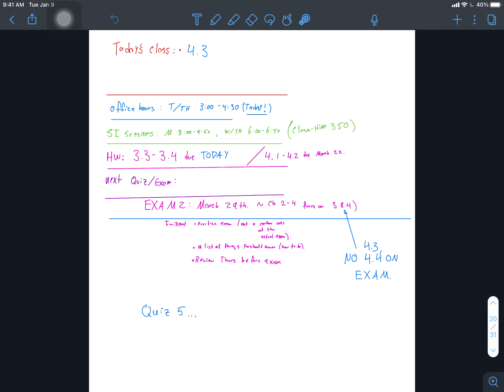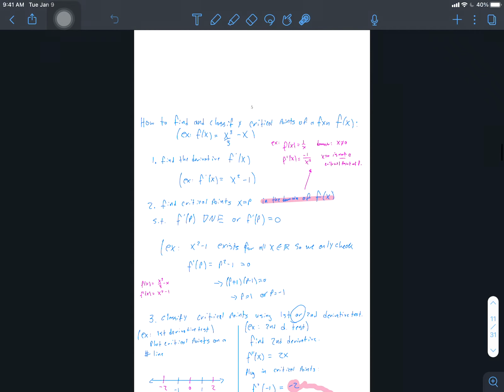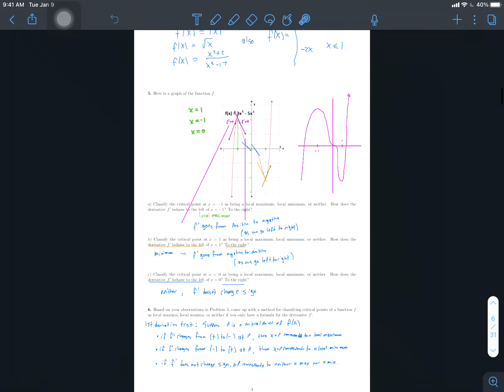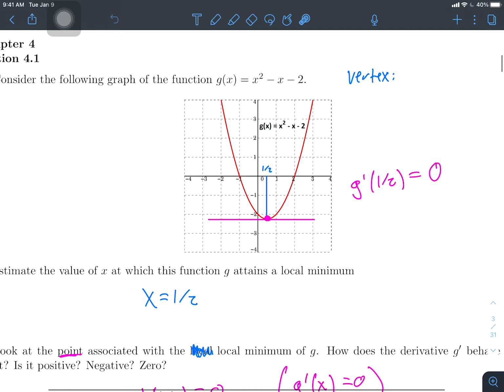So let me go back before I go forward and just review what we've learned so far in Chapter 4. Chapter 4 has been all about minimums and maximums, which we learned have something to do with the derivative. When a function reaches a minimum or a maximum, the tangent line will be horizontal.